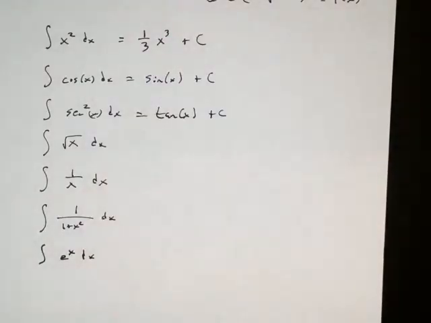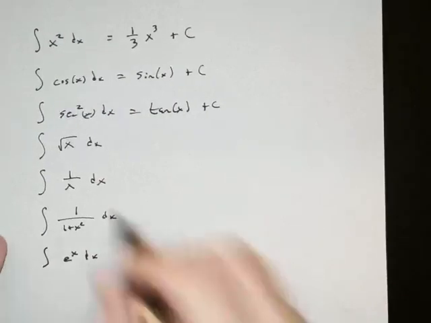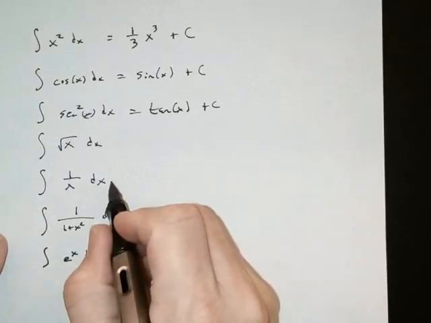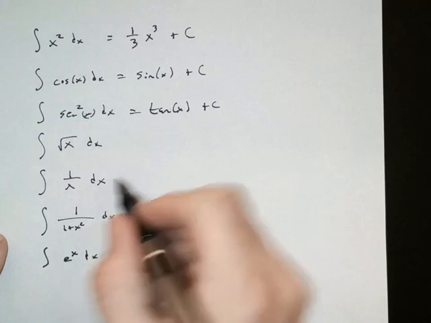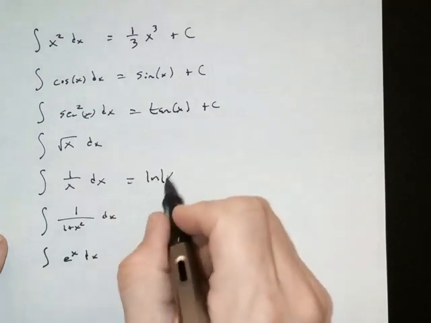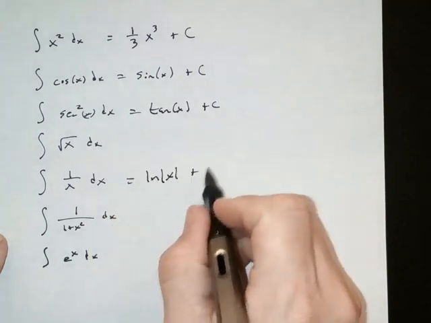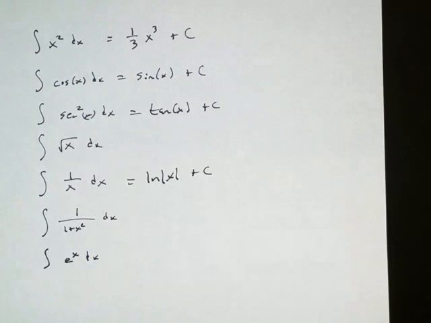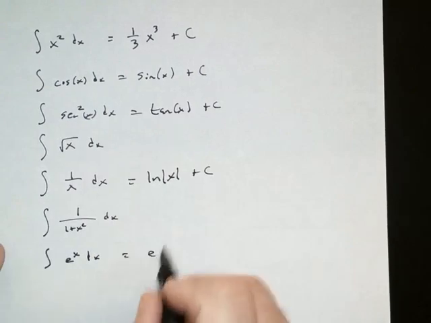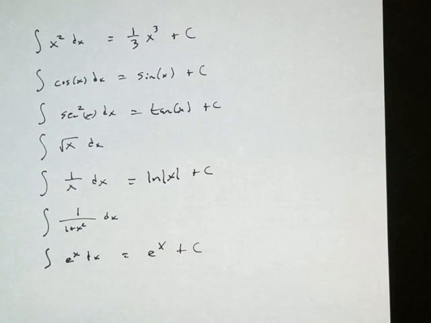But that means just using those rules. 2 of these should be immediately obvious. We just said the antiderivative of 1 over x. But wait, there's more. And the antiderivative of e to the x is e to the x.